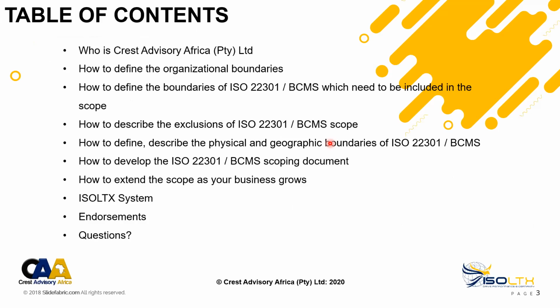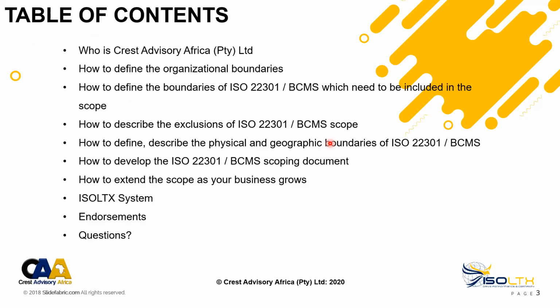So what are we going to be doing today? I'm going to be addressing just quickly an overview of Crest Advisory Africa, then how to define the organizational boundaries, how to define the boundaries of the ISO 22301 BCMS. BCMS is the acronym for Business Continuity Management System, which needs to be included in the scope.